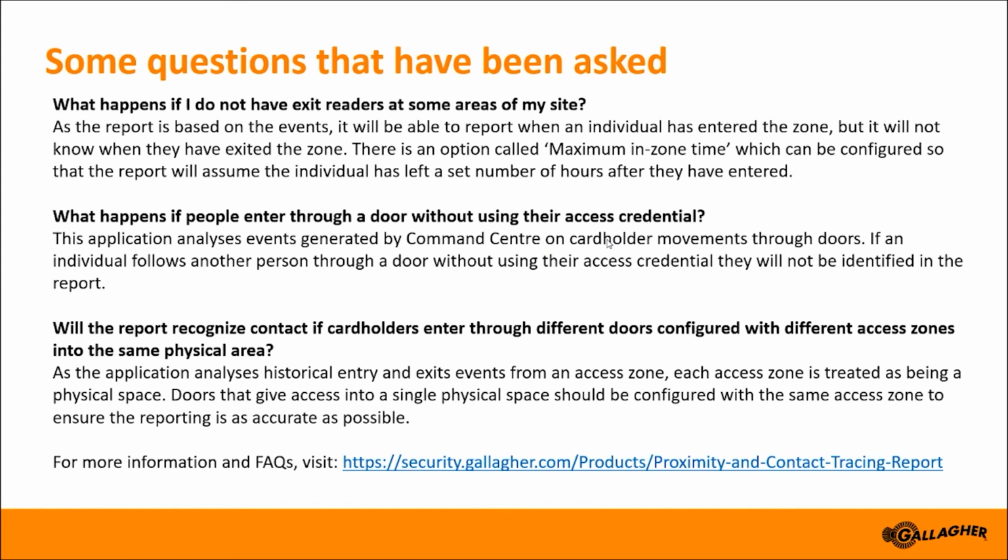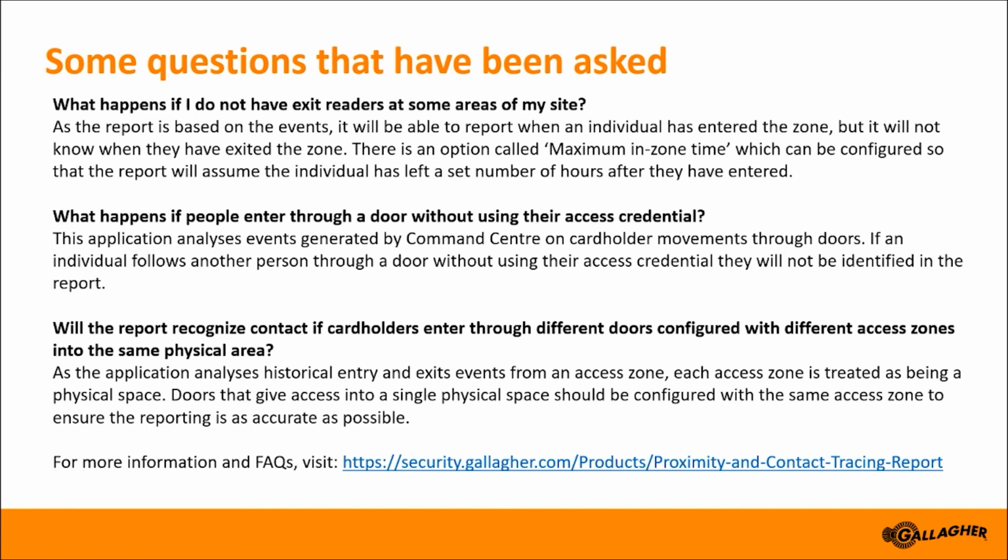The second question is around what happens if people enter through a door without using their access credential. This application analyzes events generated by Command Center on cardholder movements through doors. If an individual follows another person through a door without using their access credential, they will not be identified in the report.